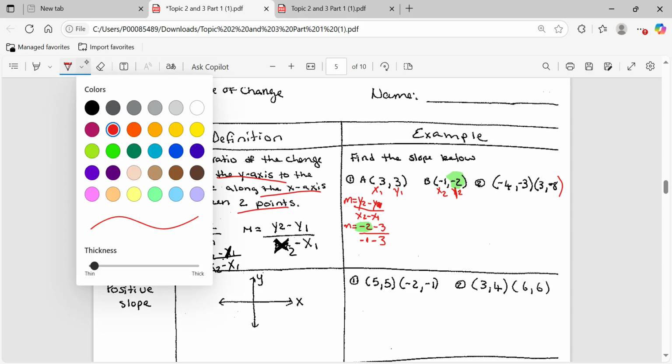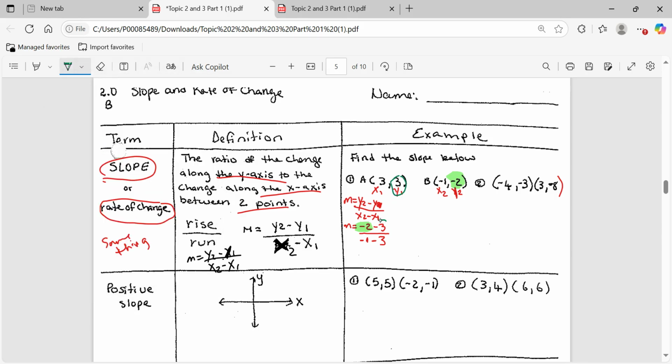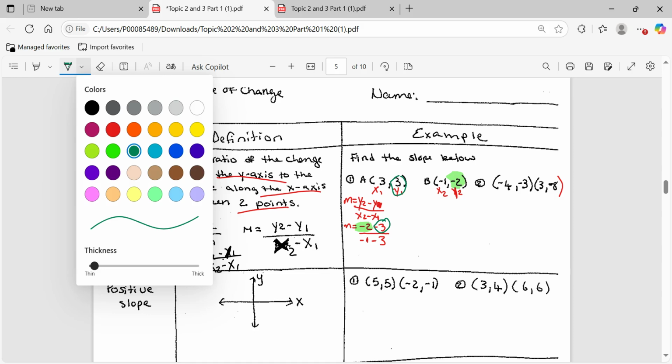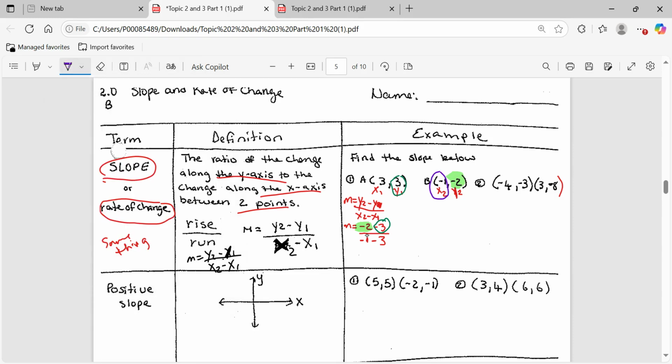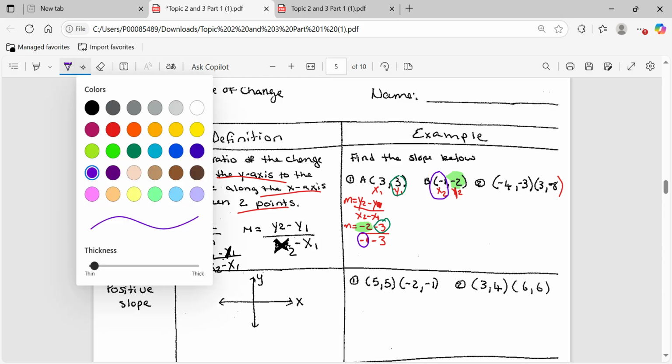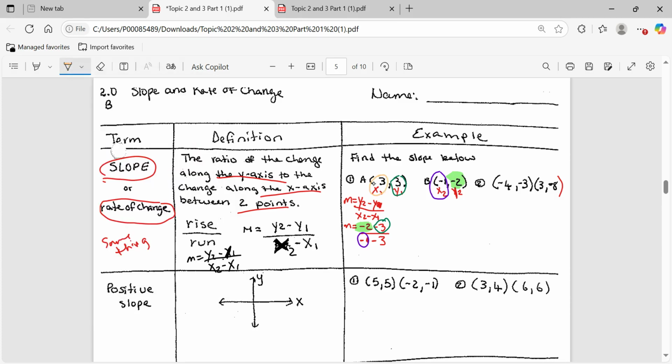Let me put it in the pen, different color. y1, and it's being divided by x2 minus x1. I just wanted you to see where I'm getting those numbers from: y2, y1, x2, and x1.